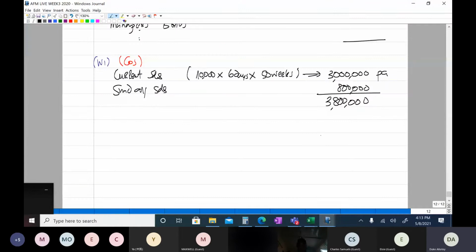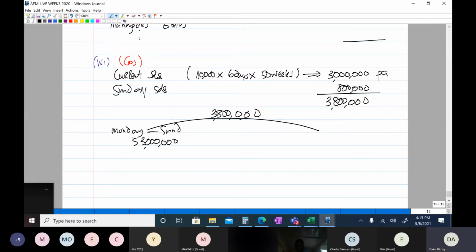If I take a total sale of 3.8 million, what I mean is Monday through to Sunday, this is 3 million. We worked that already. Then this is this. But don't forget that we are told that the gross profit here is 70% at the moment, and so our cost of sales is 30%.